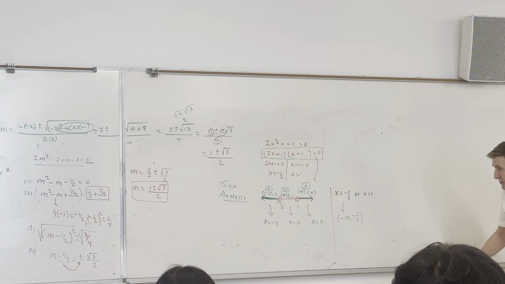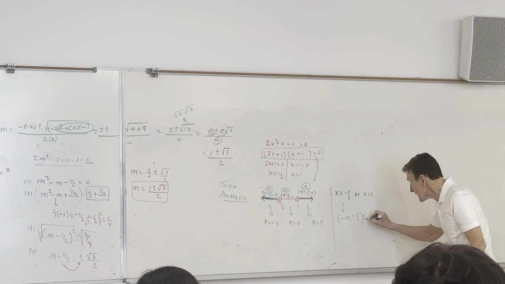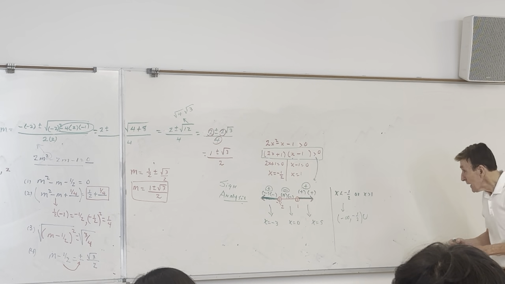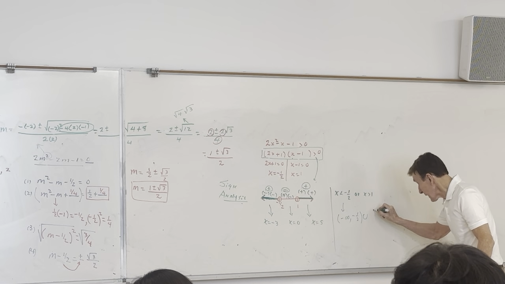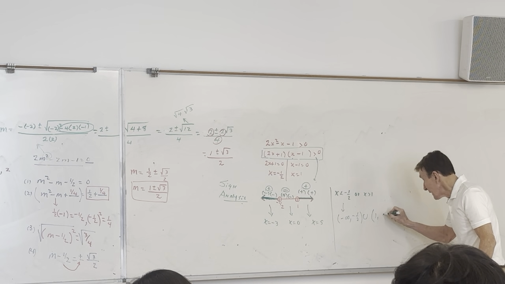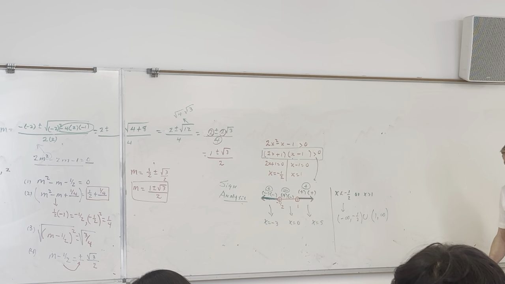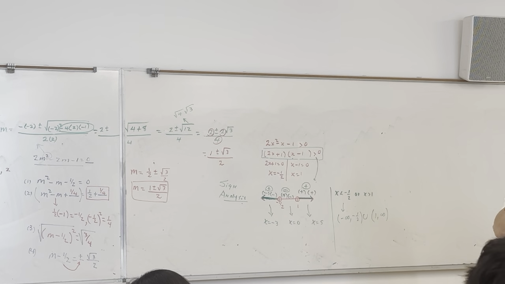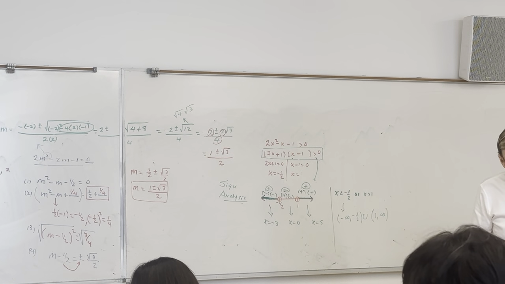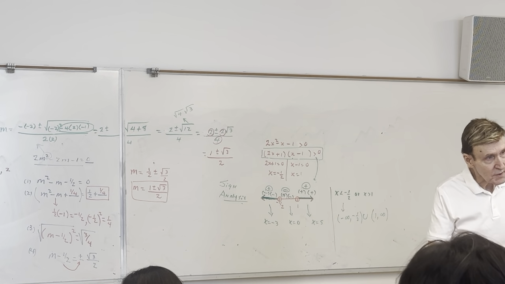And union. It's like a U. Parentheses, 1, infinity, and parentheses. There's the answer. And in higher math we like to use interval notation. Make sure you know how to express this using interval notation.